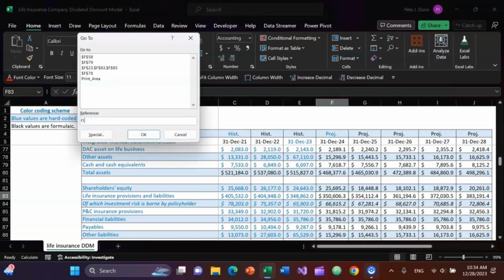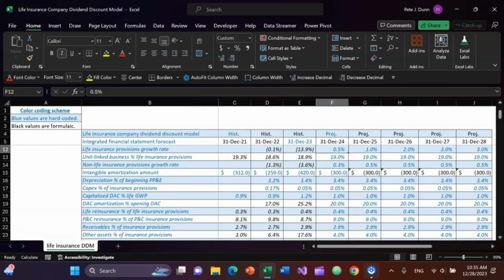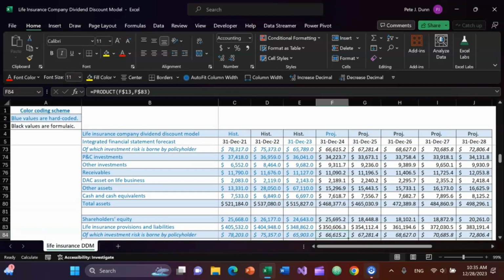So I can do F12 with the F5 menu, and you can see that assumption, life insurance provisions growth rate, it grows at an increasing rate throughout our forecast. Then it levels off at 3% in 2027 and 2028. F5 enter.